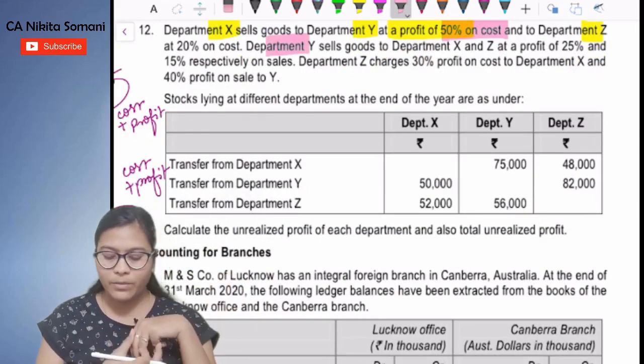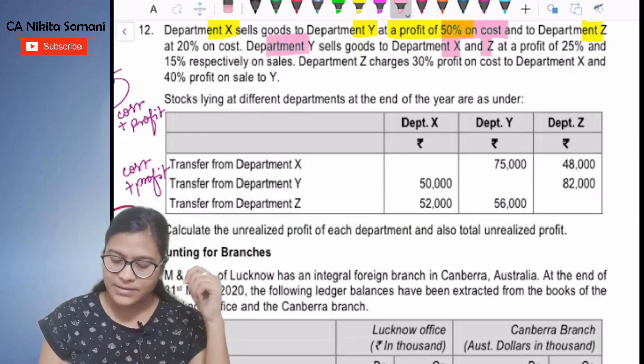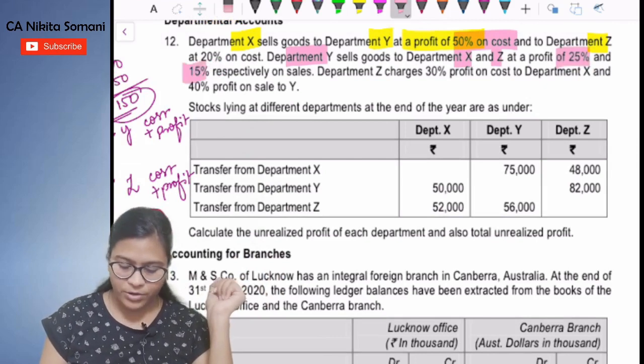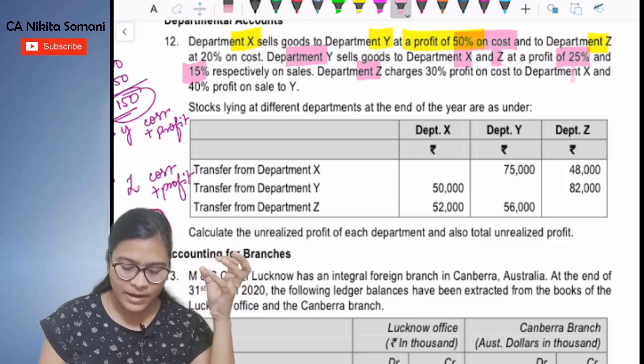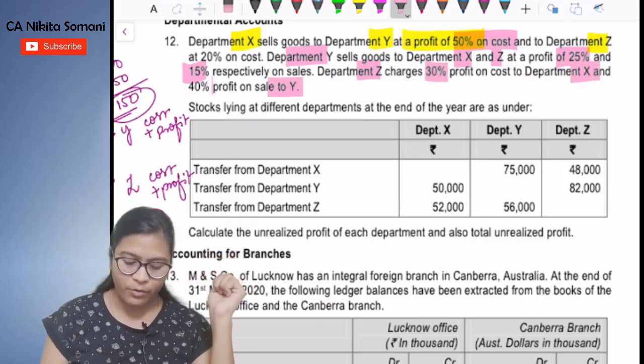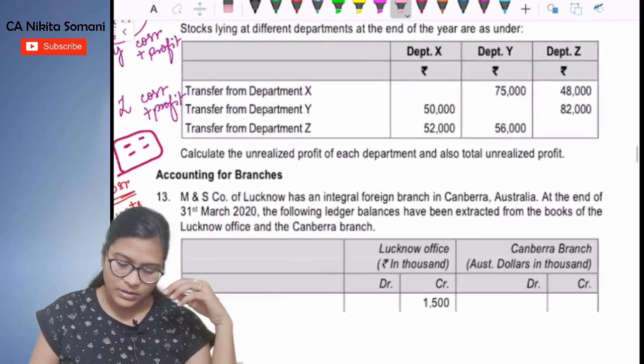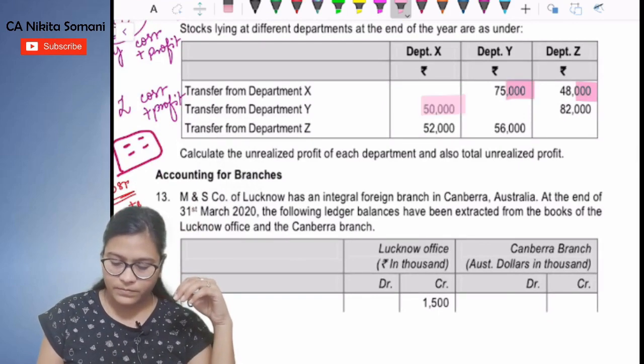So similarly, department Y sells the goods to X and Z at this particular profit. Okay, and then department Z sells to department X and Y at this particular profit. Now see, these are the transfer amounts given.